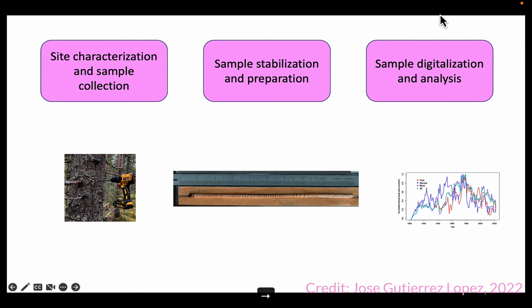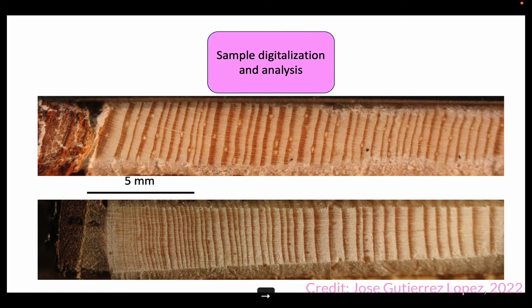And for sample digitalization and analysis, we scanned most of them. Some of them, the rings were just too small, as you can see here. Some of the samples had rings so small that I think I need to go back and scan them again or take better photos.